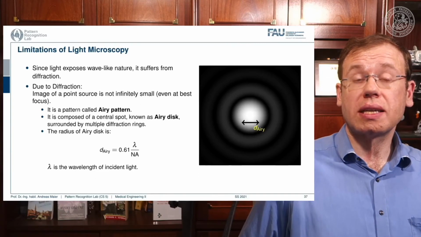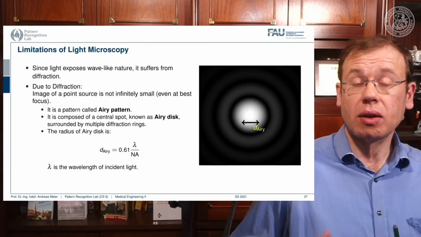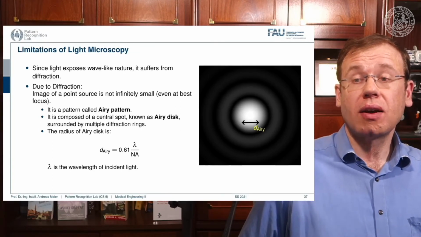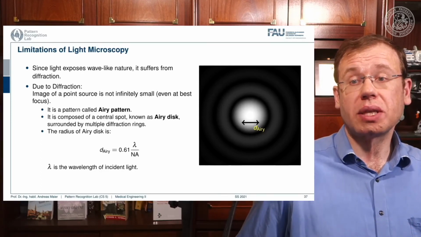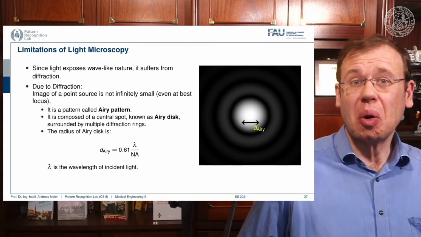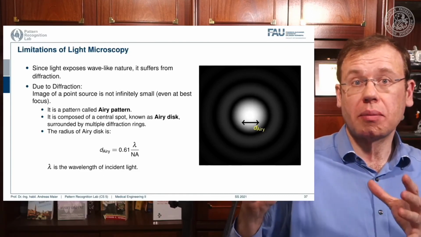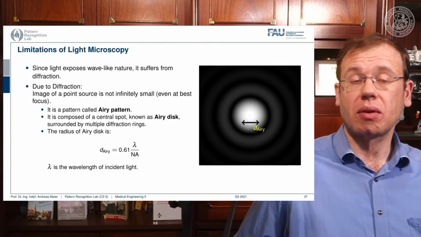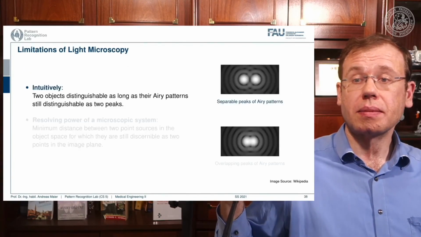And we know that the highest values of the numerical aperture that we can obtain, and that would shrink the radius of this Airy disk, would be approximately 1.5. So you see that the diameter of this Airy disk is mostly governed by the wavelength that we are using. So we can do a couple of tricks with embedding medium and so on to get some additional resolution, but there's limits to that, as we've seen.